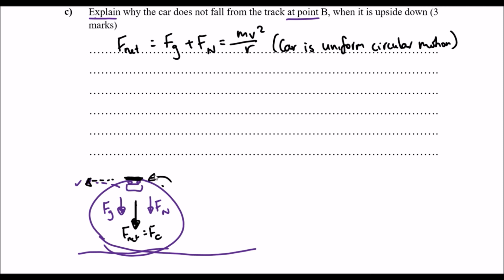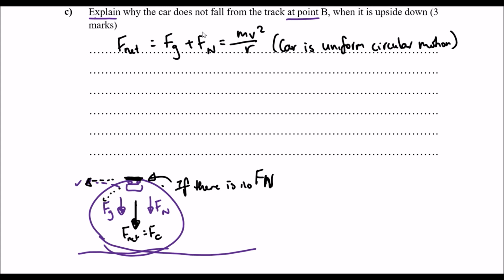So if there is no normal force, so if there's no Fn, then the only force causing this circular motion would be Fg. And so if there's no normal force, that means there's no contact, so the car can potentially fall down.